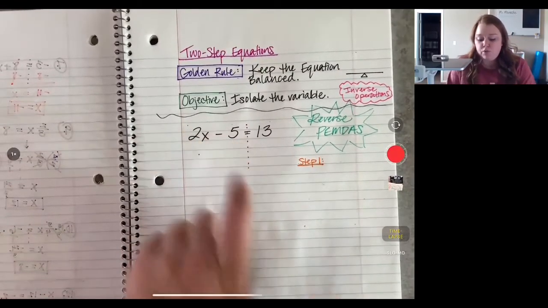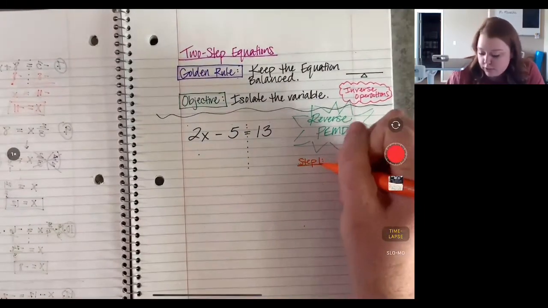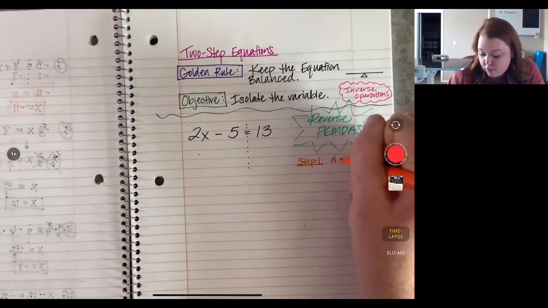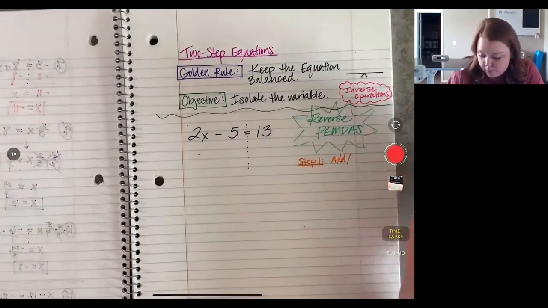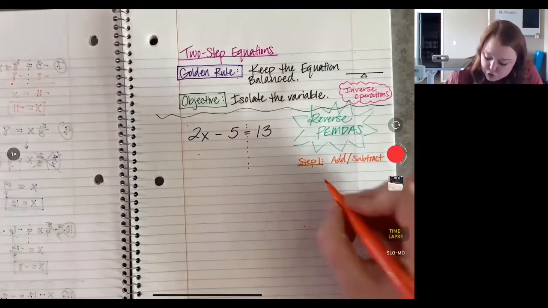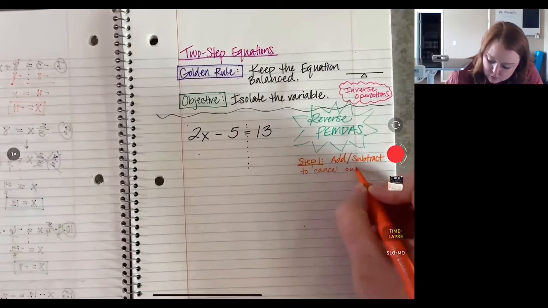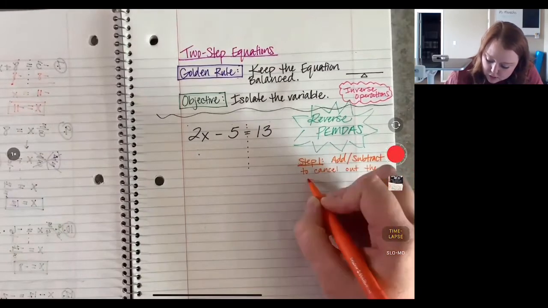Okay, so this 5 is called your constant. So let's use that. We're going to say you would add or possibly subtract, depending on the problem. Add or subtract to cancel out the constant.